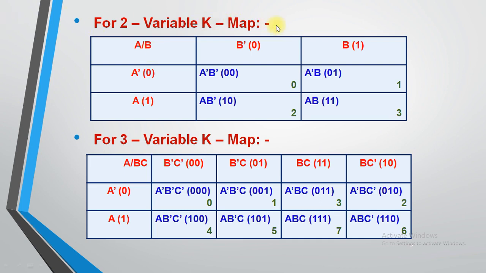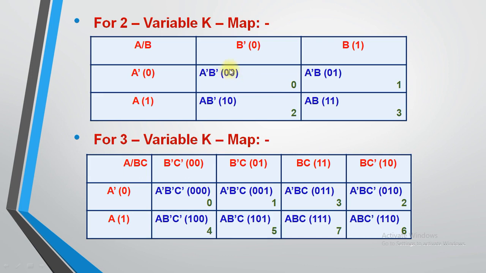For the 2 variable K-map, first of all you need to write the name of the variables. The names could be anything: XY, M and N, or A and B. In this example, we have taken the names A and B.